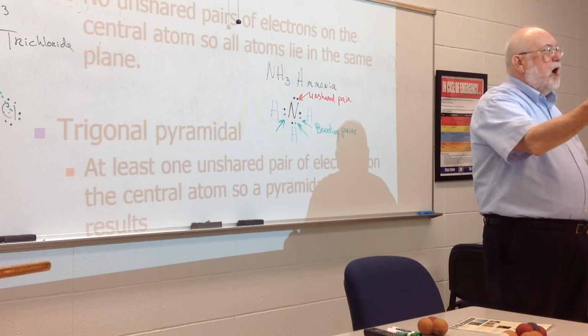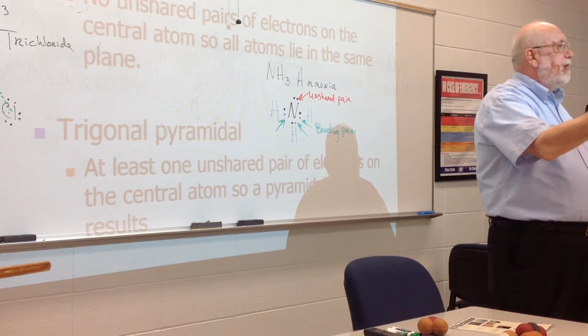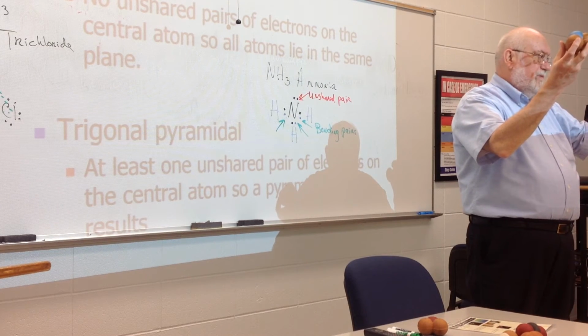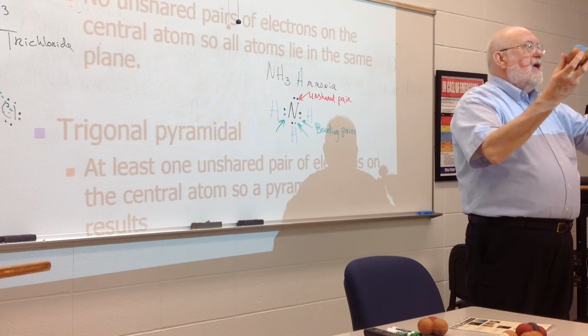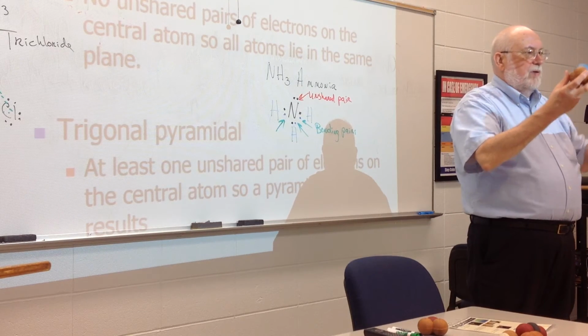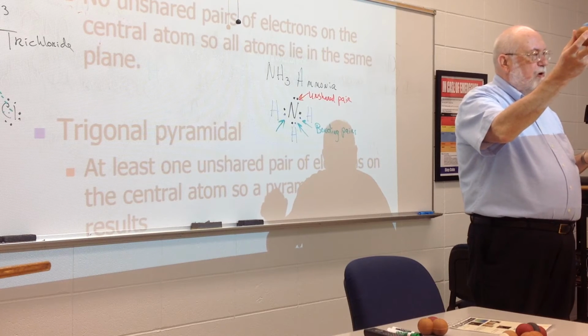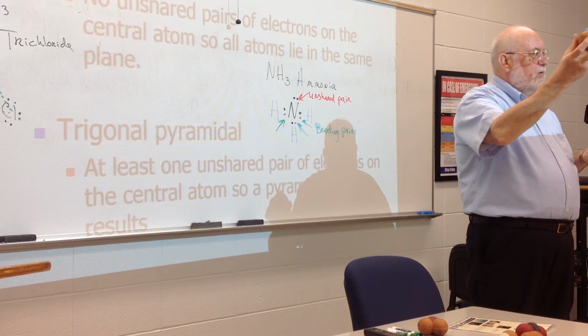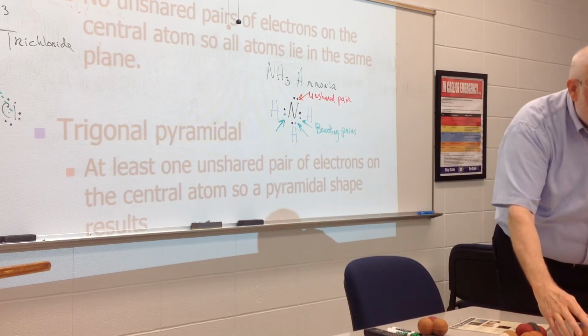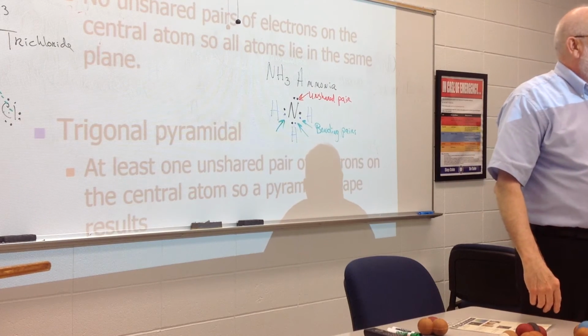This one has one unshared pair on the central atom. Both of them are 4-atom molecules. No unshared pairs on the central atom, trigonal planar. One unshared pair at least on the central atom, trigonal pyramidal. There it is. Now that's not hard, is it?